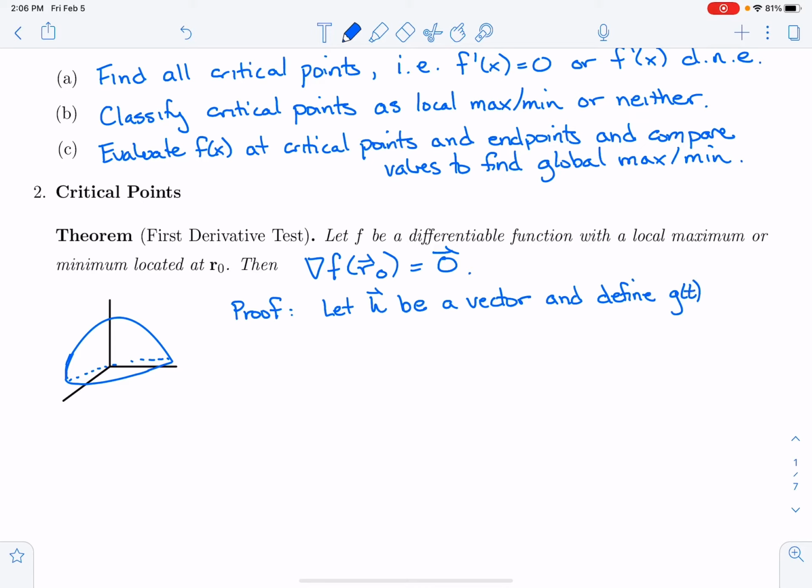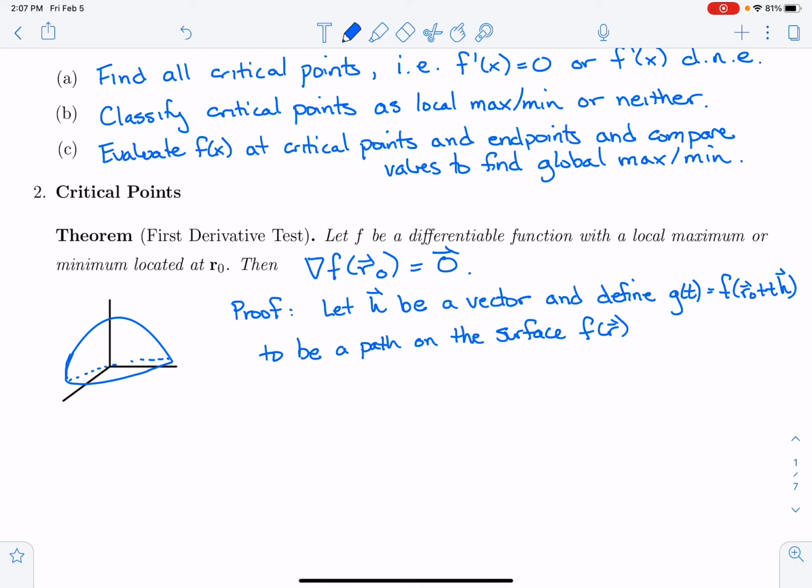And g of t is going to be f of r0 plus th. And when we define that, that's going to be a path on the surface f of r through r0.